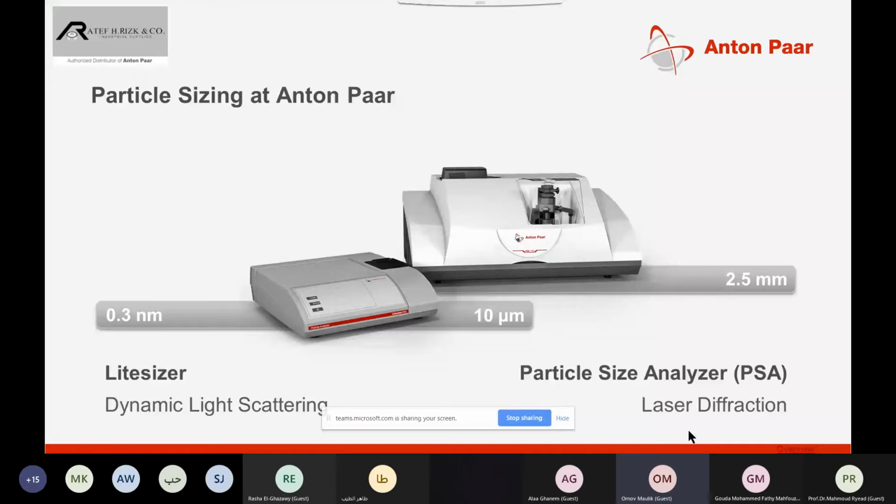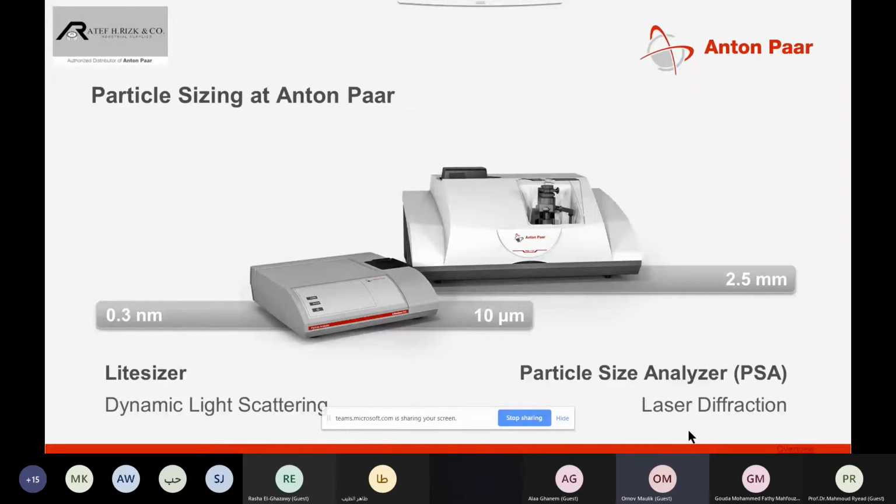In DLS, we are measuring the scattering, or how fast those particles are moving. A particle moving at a very high speed is smaller in size, and a particle moving at a slow speed is bigger in size.